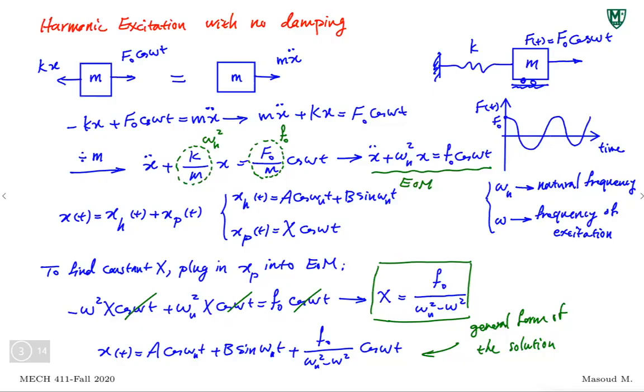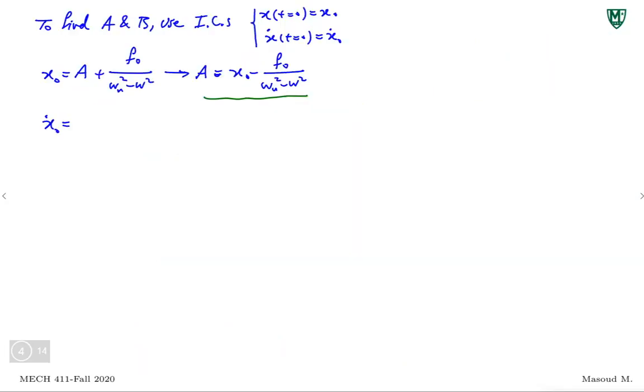The third term gives another sine, so that also becomes 0. You can do it yourself and double check. This becomes b omega n, so b becomes x naught dot over omega n. This is the second constant. I found A and B. It's pretty much what I wanted.